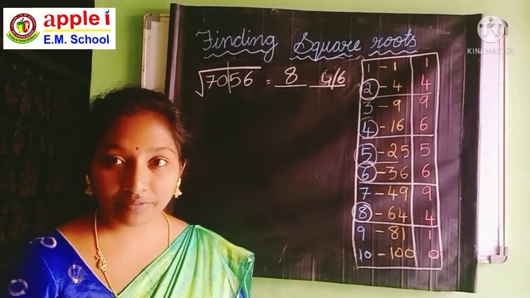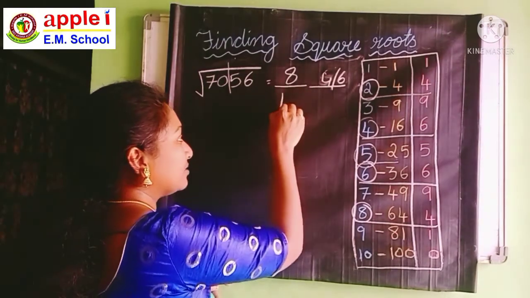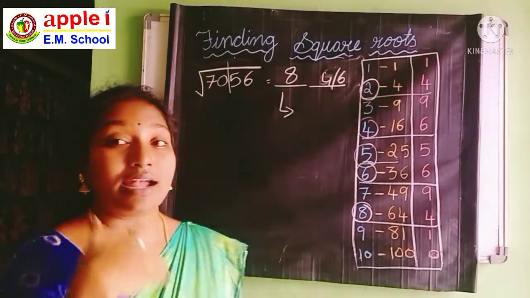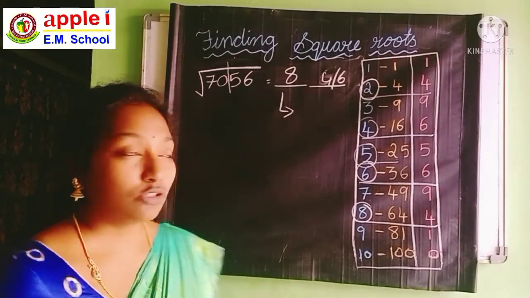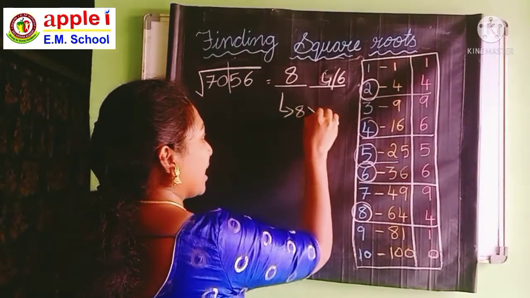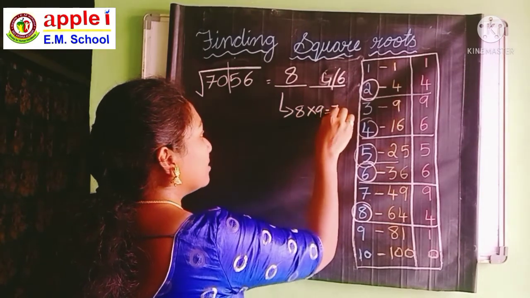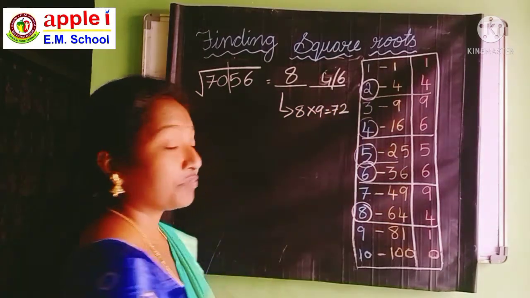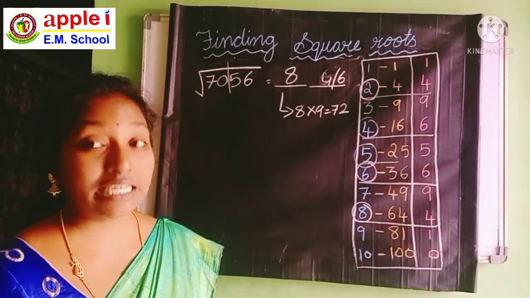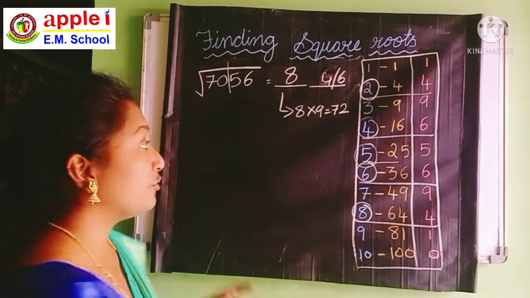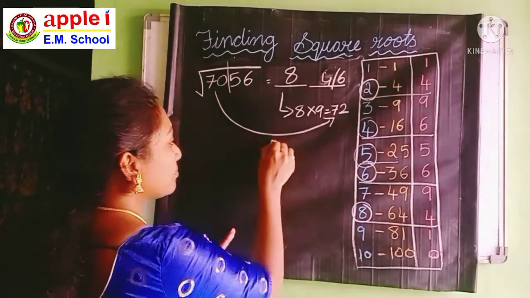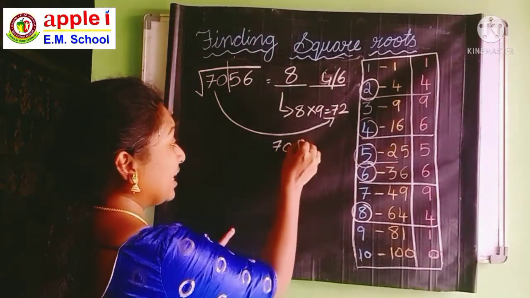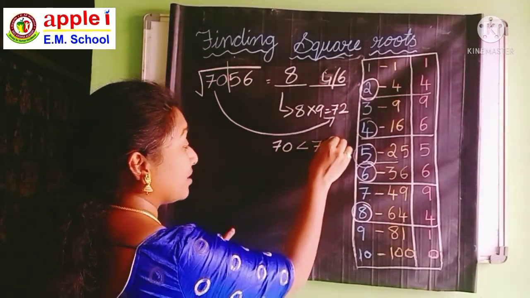Next, what we have to do? Multiply this 8 with the next number. 8 after 9, so multiply with 9. 8 nines are 72. Next, we have to compare these two numbers. Here 70 is less than 72.